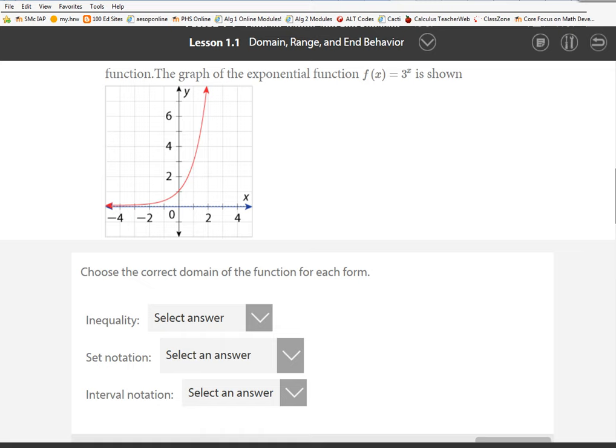There's a couple ways you can look at this. We can look at the graph, or we can also take a look up here at the function, right? What are some places in a function where an x value wouldn't work? Can you give me an example? What do you think?